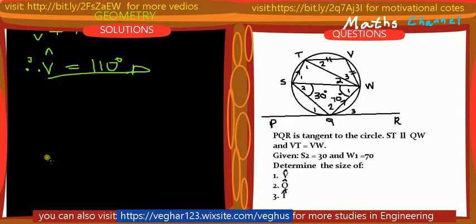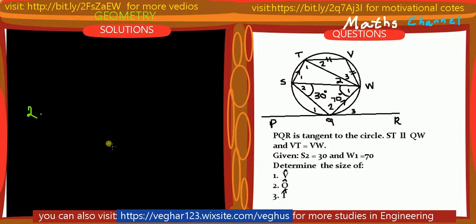And then let's check number 2. Number 2, they are looking for Q, the size of Q. Looking for Q1. So Q1 is equal to W1 according to the tan-chord theorem. It says this angle is equal to this angle. So you have to know this theorem before you solve this one.